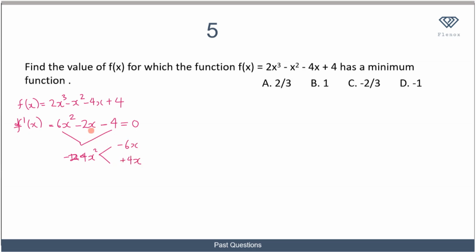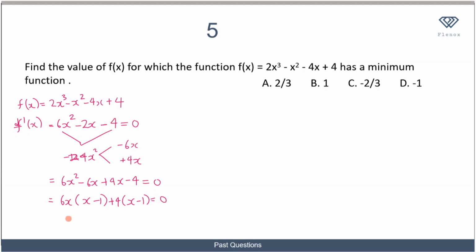So when I replace minus 2x here, I have 6x squared minus 6x plus 4x minus 4 equals 0. So when I factorize, 6x is common and I'm left with what? x minus 1. And here plus 4 is common, into bracket x minus 1.